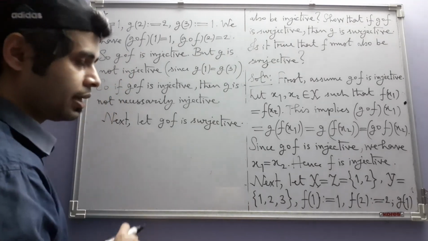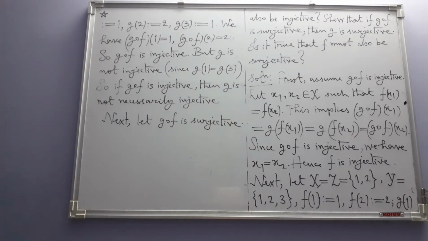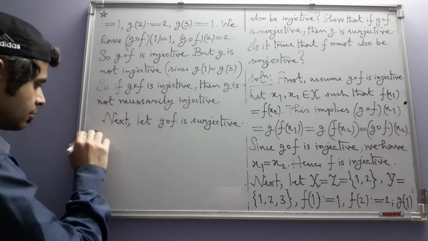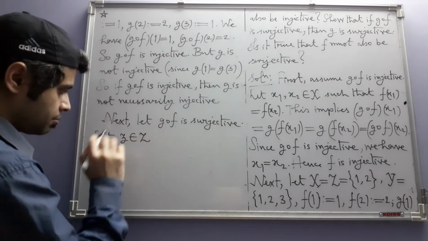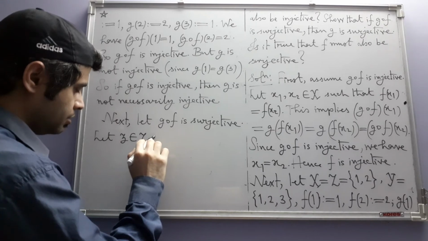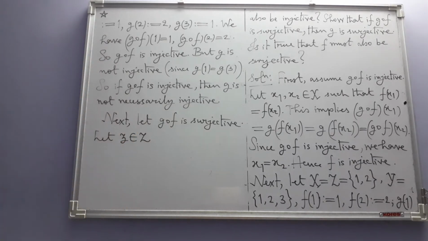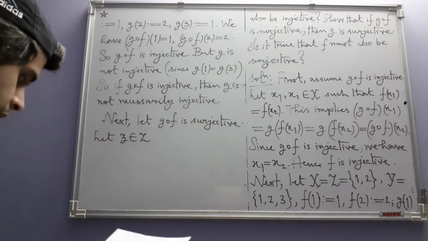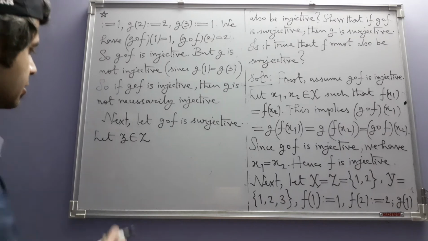So we start by assuming, taking any element in the range of G. Let Z belonging to Z be any element. Do I have to prove that G is surjective? What does the exercise say? Yeah, G must be surjective.